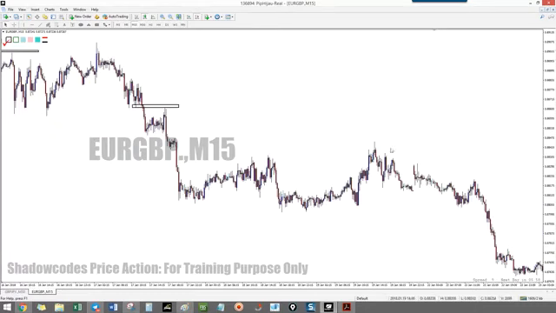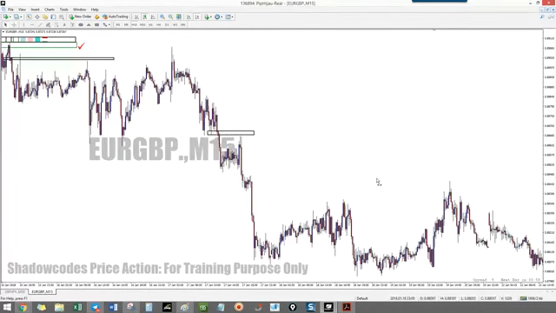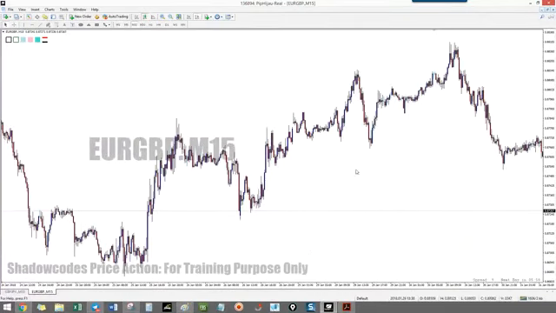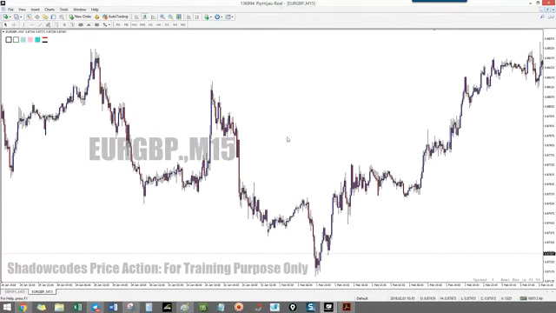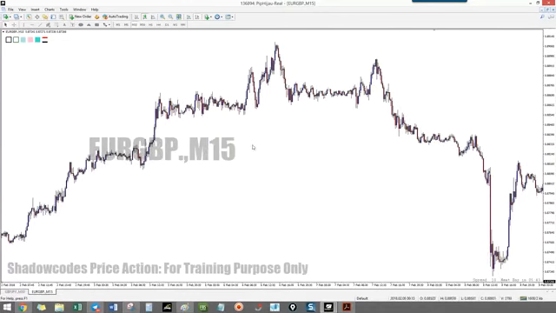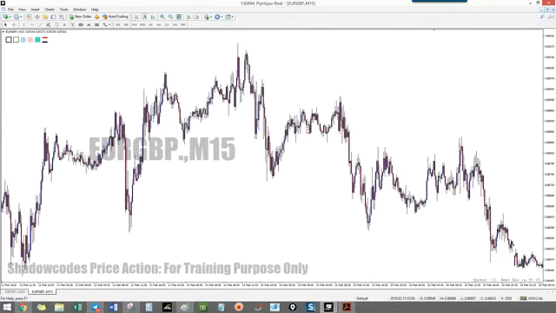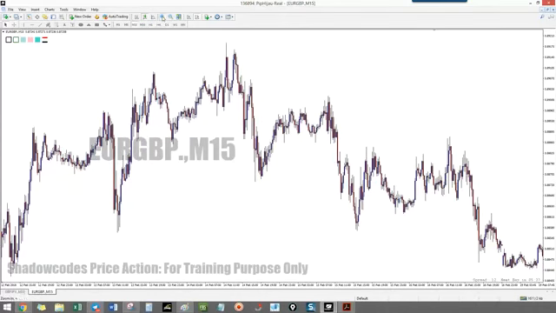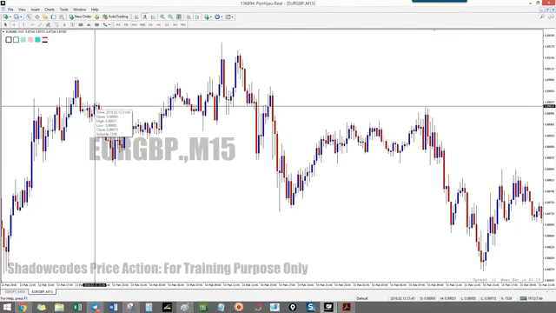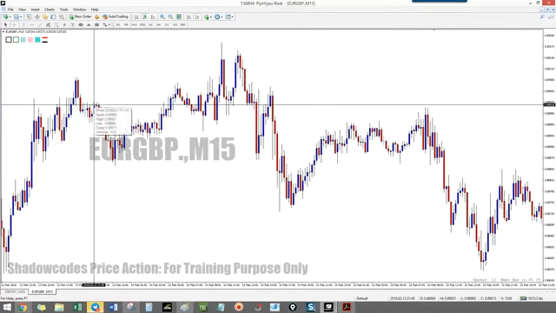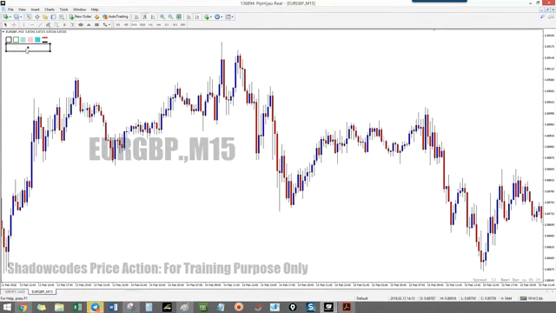Let's find another inverted one. For example, you want to take this one or this one.